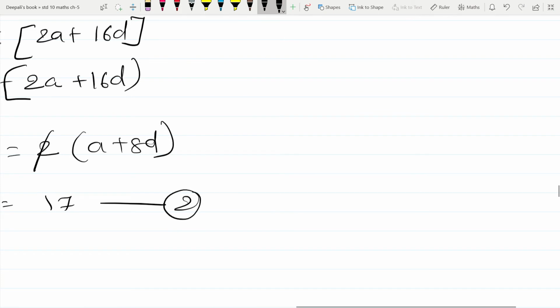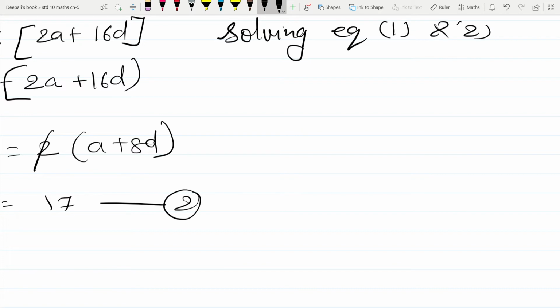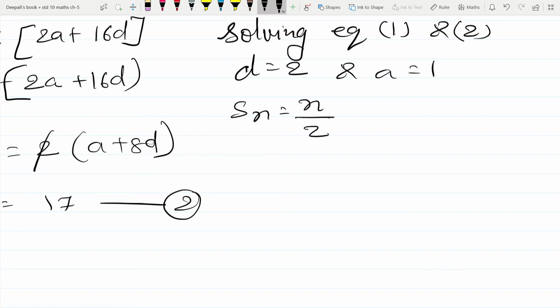Solving or equating equations 1 and 2, I will get d is equal to 2 and a is equal to 1. So Sn is equal to n upon 2 times (2a plus (n minus 1)d).